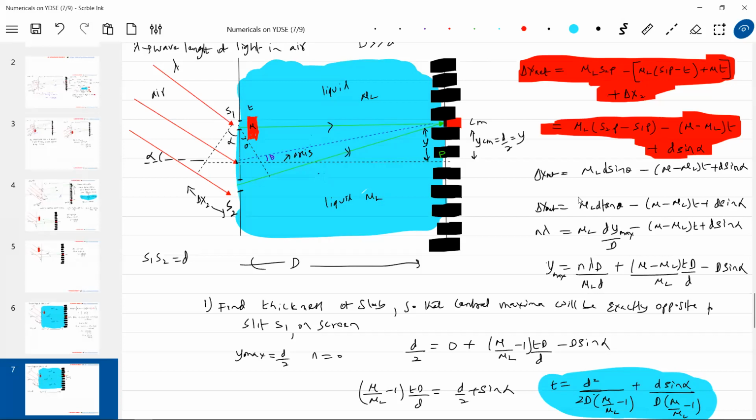In the equation, it is d sine alpha by mu L, sir. Let me check. This mu L should also go here in the simplification. Yes, sir, one mu L will come here. I think I missed it. Small d, capital D, one mu L will be here. So here also one mu L will be there.